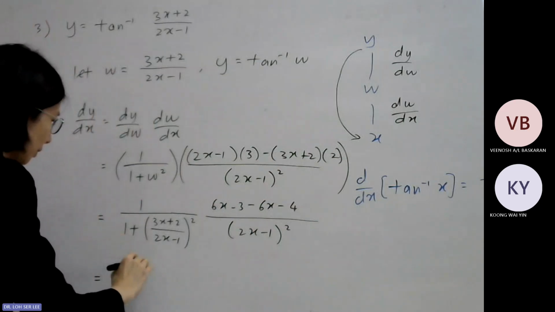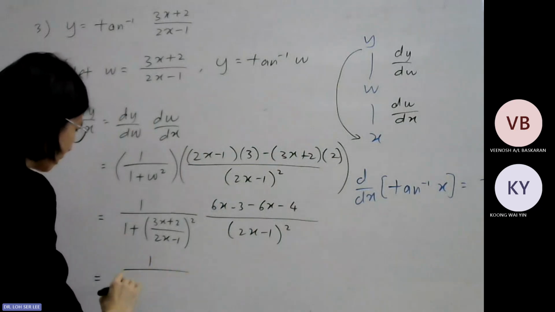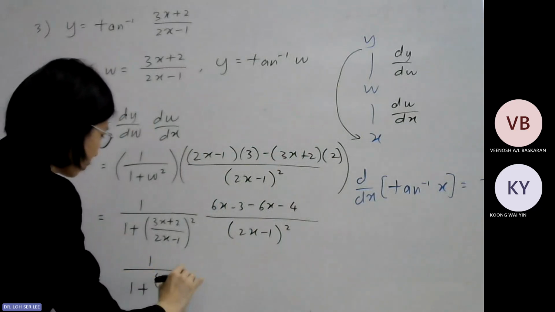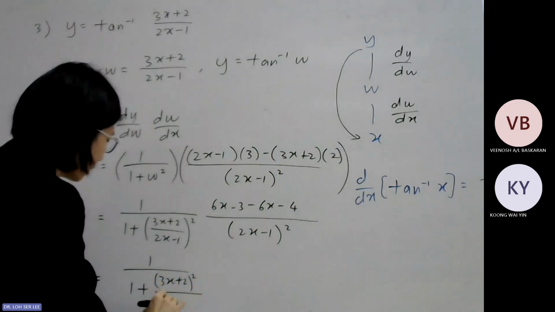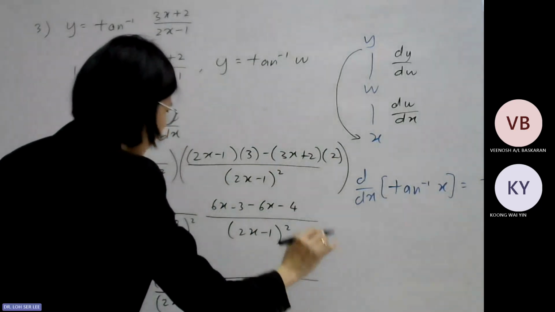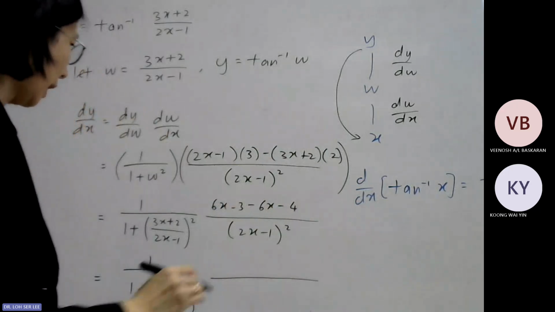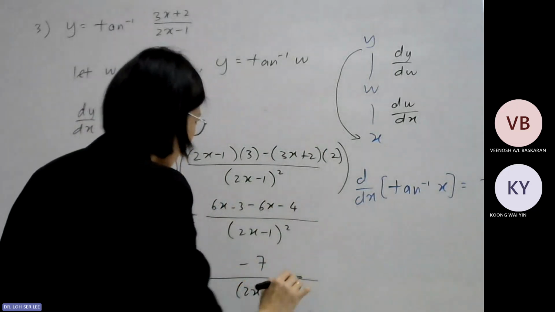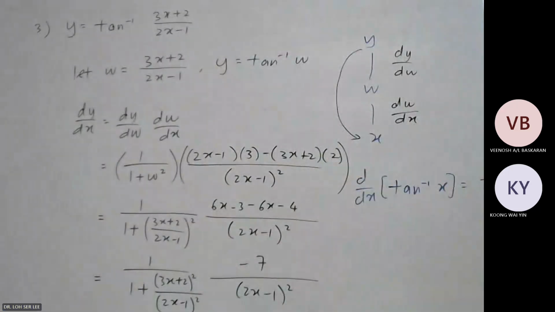So this is 1 plus (3x plus 2) squared over (2x minus 1) squared, times negative 7 over (2x minus 1) squared.